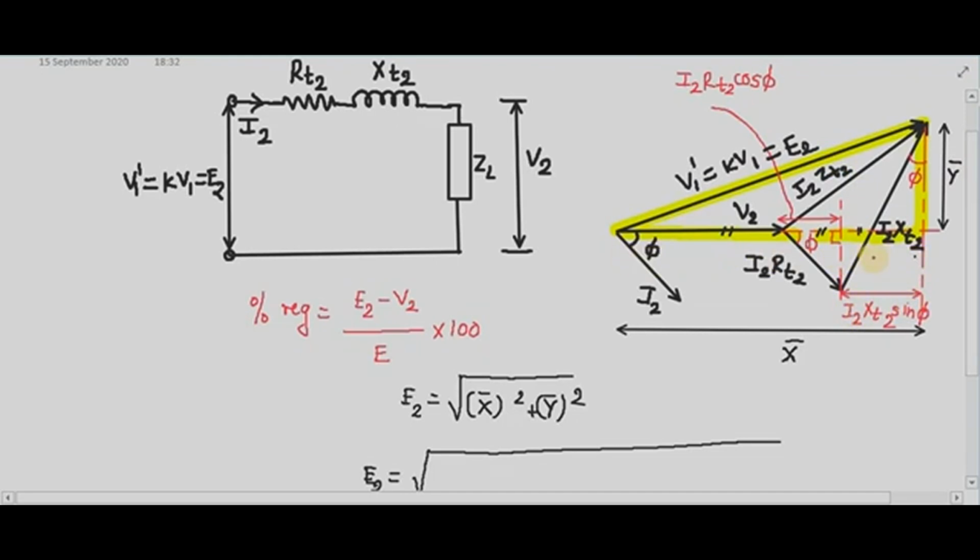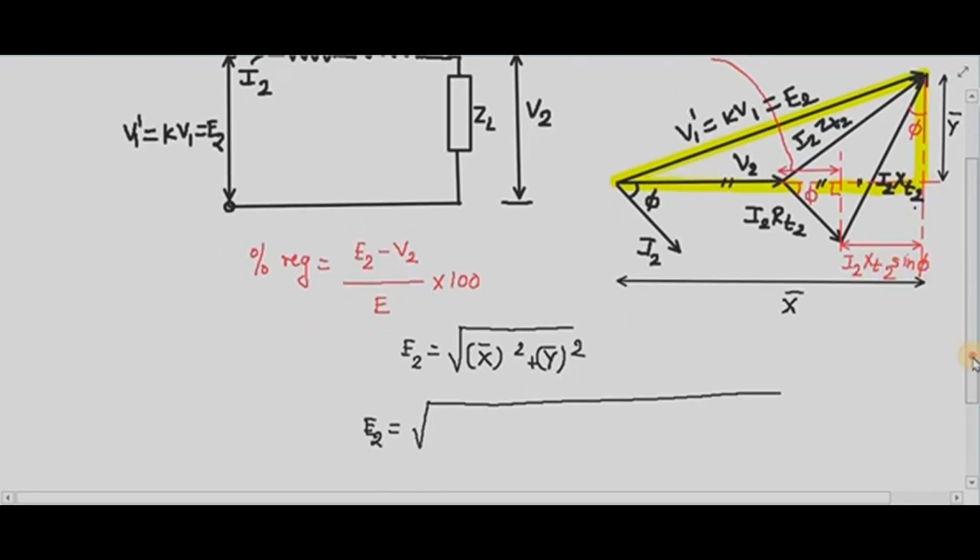So my x component is nothing but V2 plus this length, that is your I2 RT2 cos of phi, plus this length which is equal to I2 XT2 sin of phi.